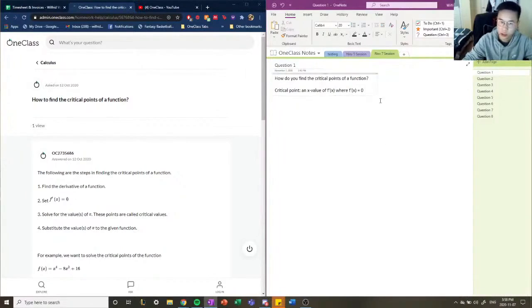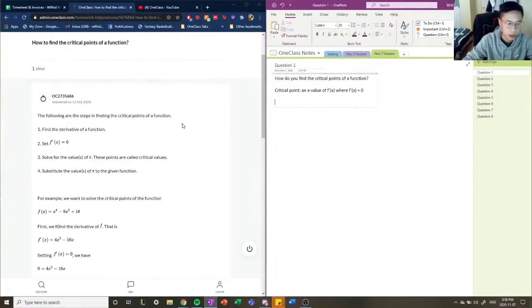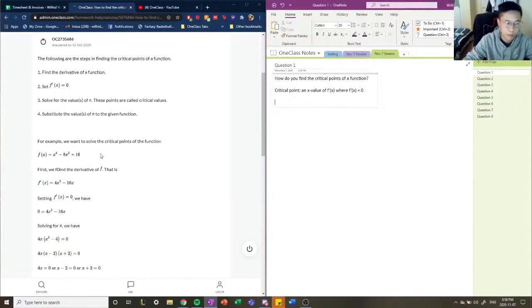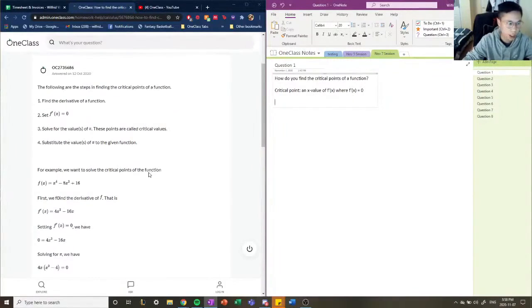So going back to our board here, the junior tutor laid out the steps of how to find the critical values, and then they posted an example. I'll run through all of this with you guys right now. It says the following are the steps in finding the critical points of a function. First of all, find the derivative of the function. So in our case, I'll use our example.